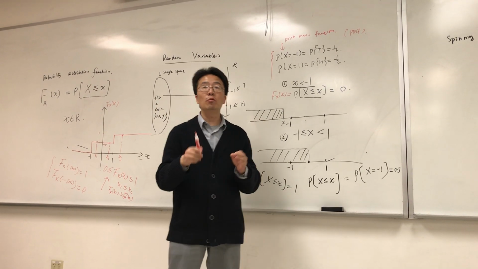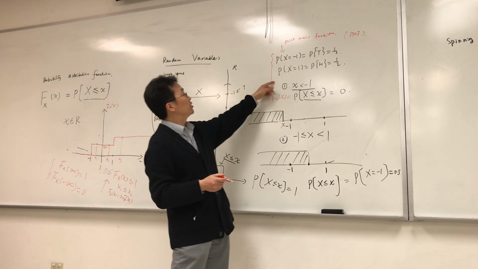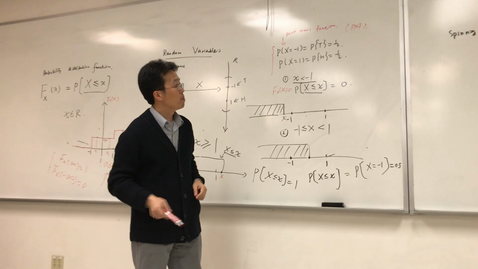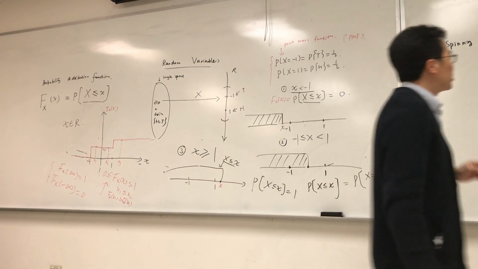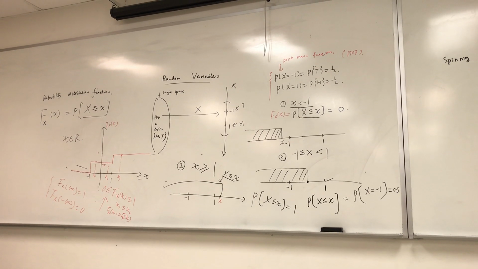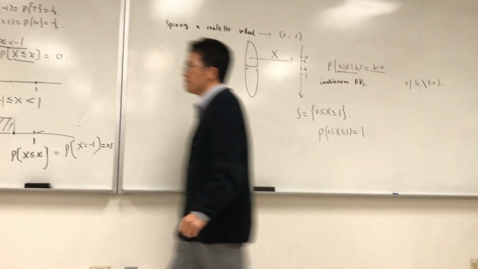We're going to talk more about how to deal with discrete and continuous random variables in separate approaches. Now let's talk about how to build a distribution function for a continuous random variable.